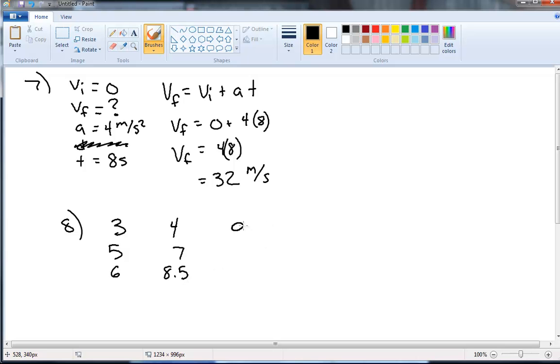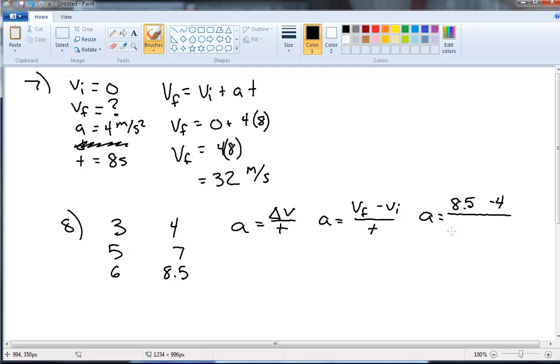So we know that acceleration is delta V over T. So acceleration is equal to V final minus V initial over T. So let's look. Our final is going to be 8.5. Our initial is going to be 4. And then over T, how much time? How much time elapsed between when its speed was 4 to when its speed was 8.5?